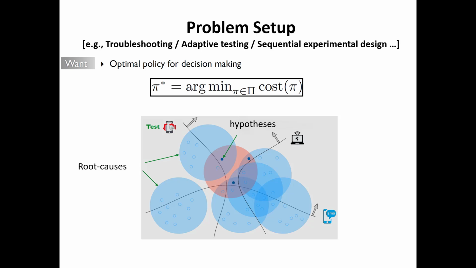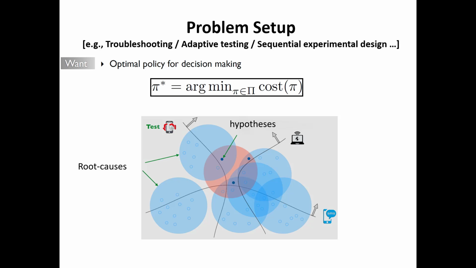Then the task is to perform a sufficient number of tests or questions or interactions such that at the end we have only one single active decision region. So we reduce the uncertainty to only one single decision region. The other decision regions are removed, as you see here.